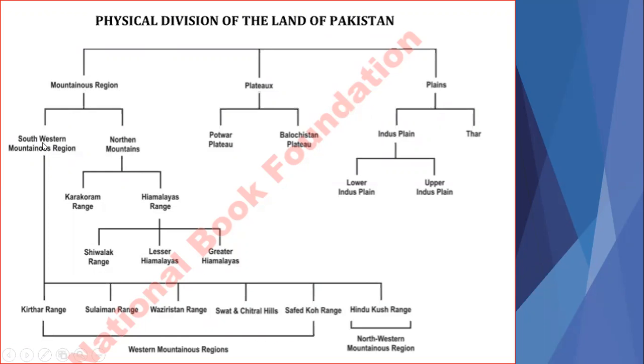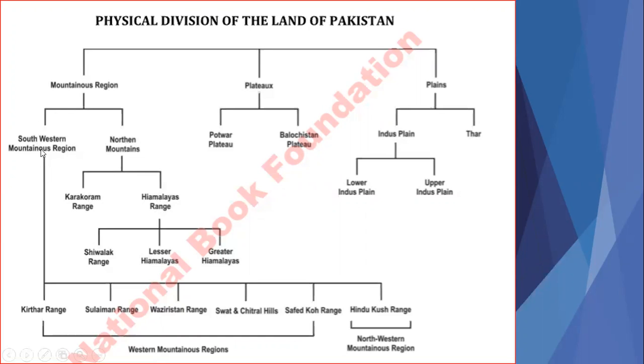Then the further division of the northern mountains. Also it can be asked in a short question: name the northern mountains. These are divided into two parts, Karakoram and Himalaya range. And the further division of the Himalaya range is Shivalik range, Lesser Himalaya and Greater Himalaya.